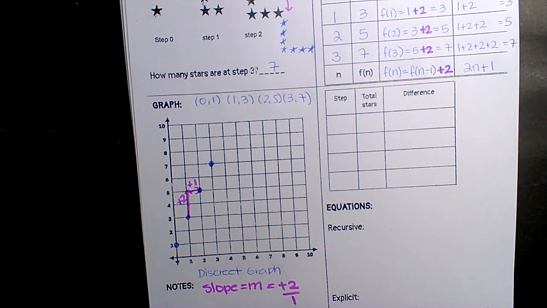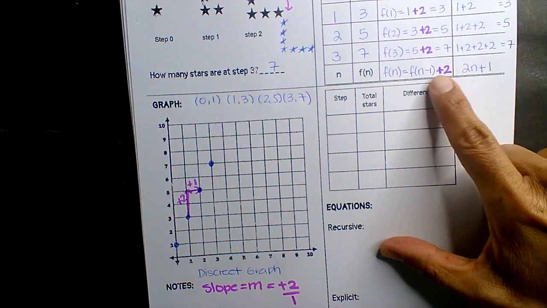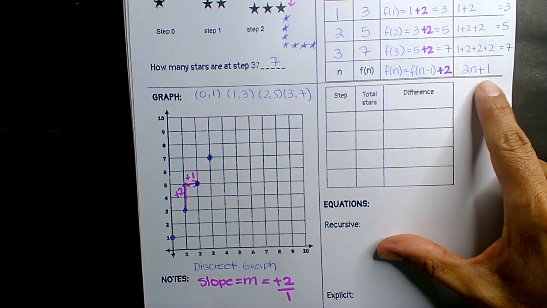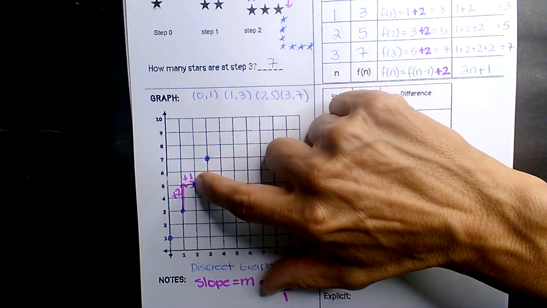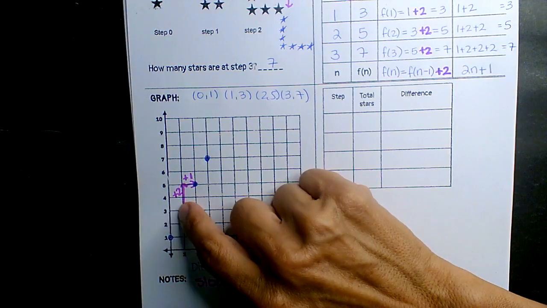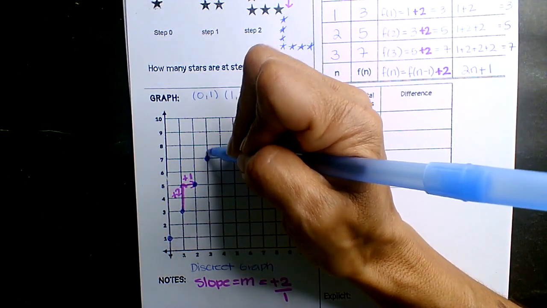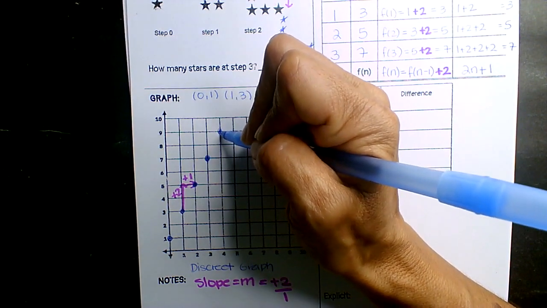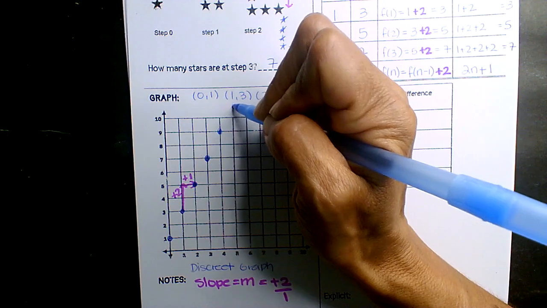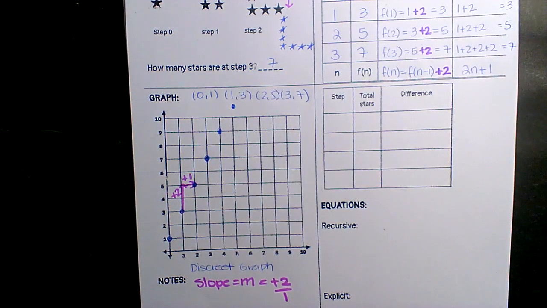Your graph should match this recursive or explicit. If you wanted to keep going on your graph, it would go up 2, right 1. Is that okay?